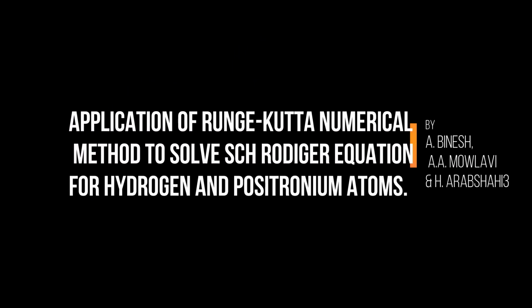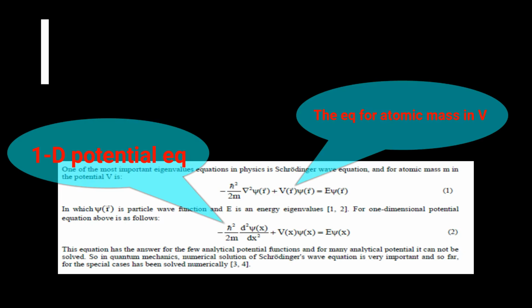The first paper is from Banish Moulavi Arabashi, which is about the application of the Runge-Kutta numerical method to solve the Schrödinger equation for hydrogen and positronium atoms.